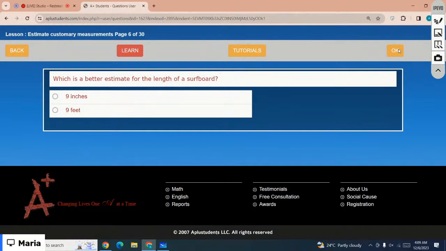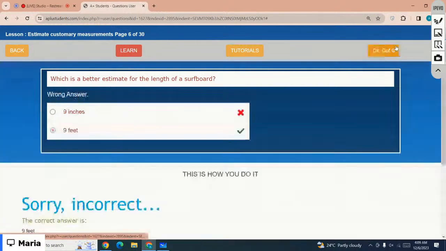The length of the surfboard. So I think that is 9 inches because, no, 9 feet is too much for the surfboard. Oh, that is 9 feet, not 9 inches. 9 inches is too small for the surfboard. So the correct option is 9 feet.